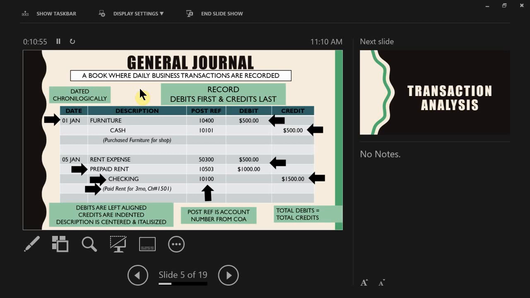Okay? So your debits must always equal your credits when you're journalizing, and this will validate your double entry system. Okay? Any questions about the general journal?